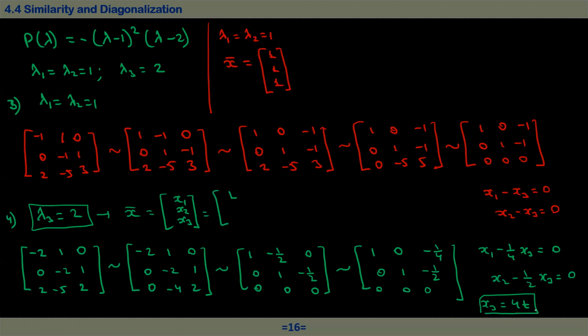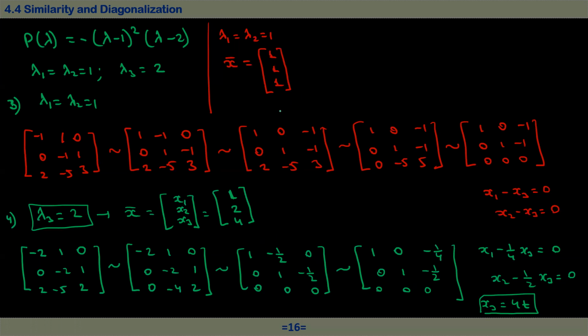When t equals 1, here we have 1. And x2, that is 2. And x3, it will be 4. Right? So that is our second eigenvector corresponding to this eigenvalue, and that is the first one.